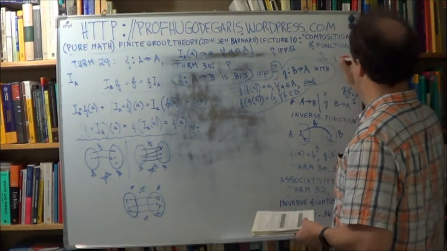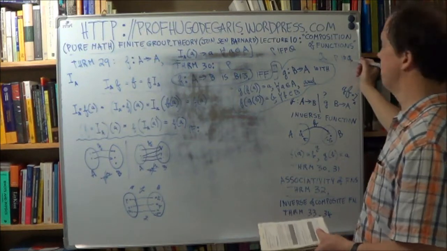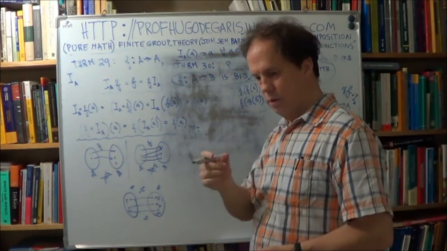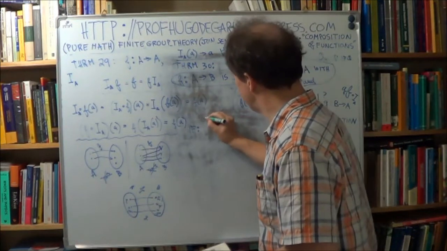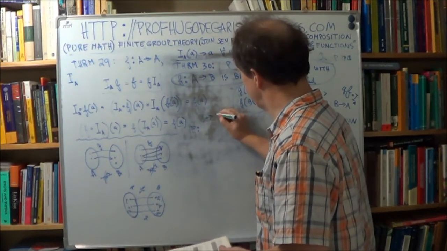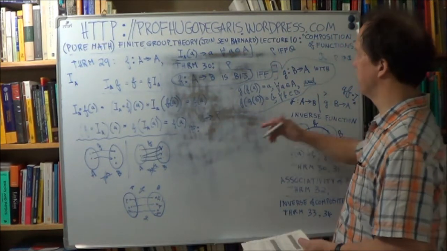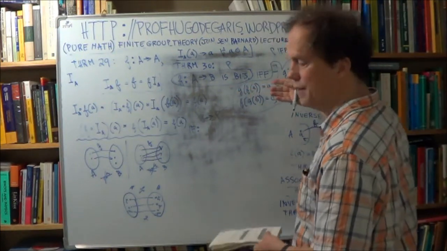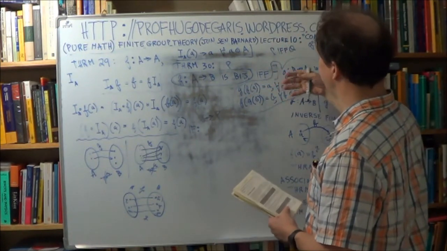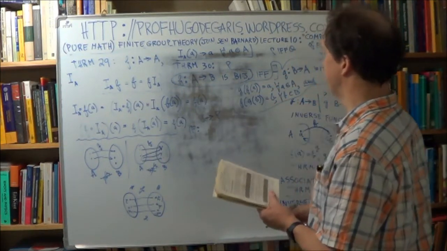So P if Q, P is true if Q is true. So if Q is true, then P. Right? So the if case is you start with Q and you prove P. Now Q is this right hand side, the usual if case. So start with the right hand side and prove that it's bijective.